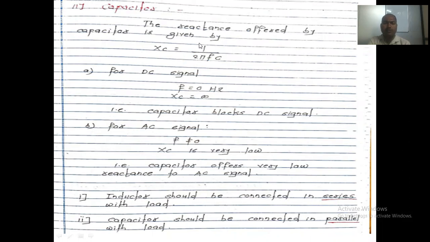We discussed this term with respect to DC as well as AC. For the DC signal, we know that DC has frequency 0, right?